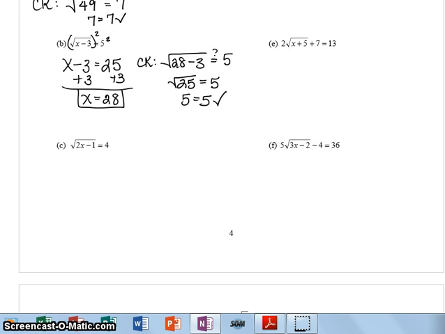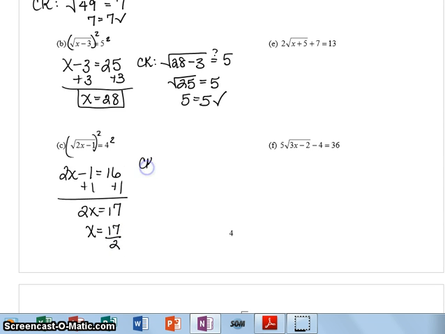Okay, next one here. Square both sides. I get 2x minus 1 is equal to 16. Add 1 to both sides, and I get 2x equals 17. Divide both sides by 2, and you get x equals 17 halves. Again, make sure you check.